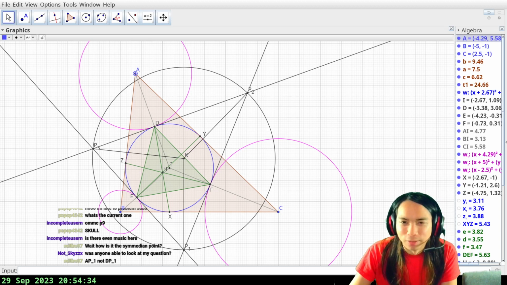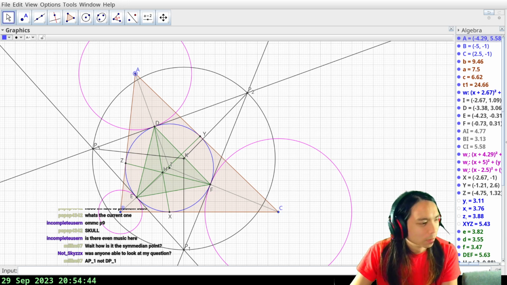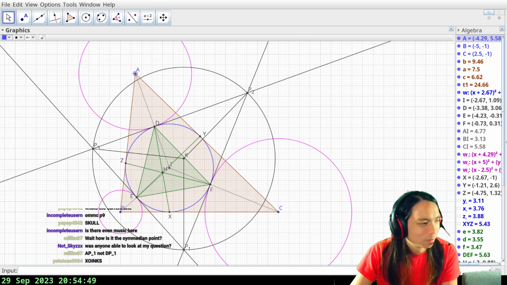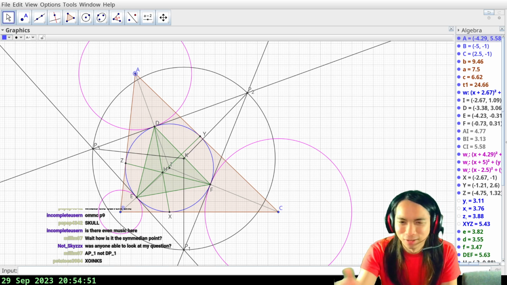AP1, not DP1? What do you mean, AP1, not DP1? I thought DEF is orthologic to P1, P2, P3. Is that not the orthology we're looking at? Am I crazy?